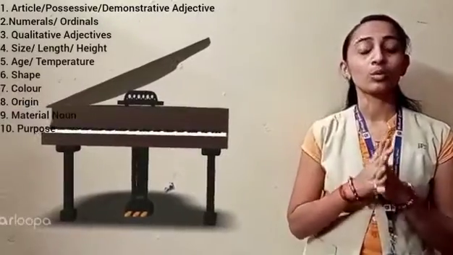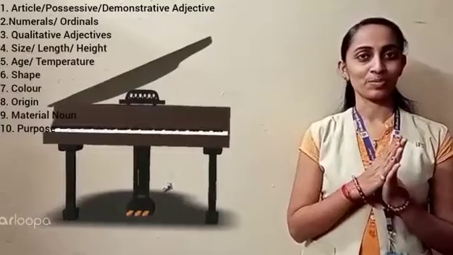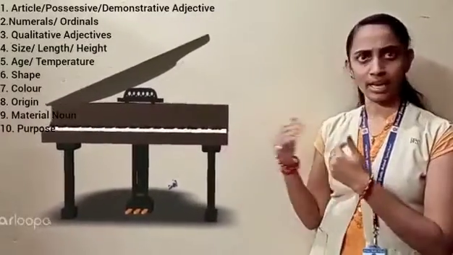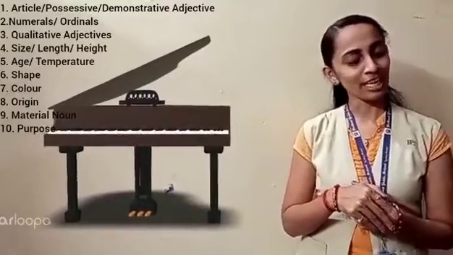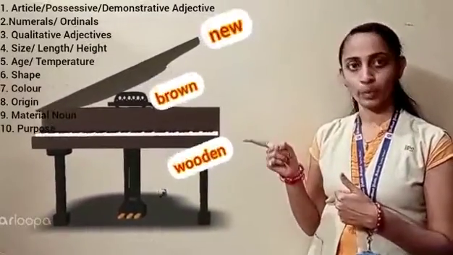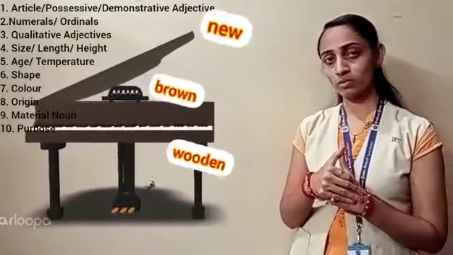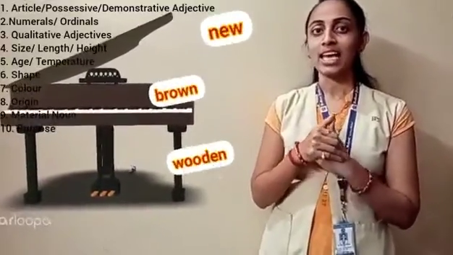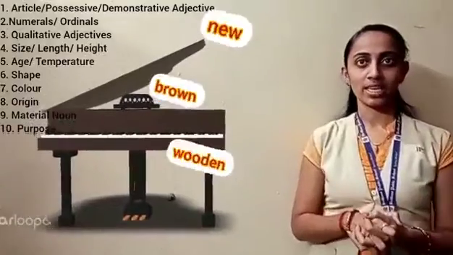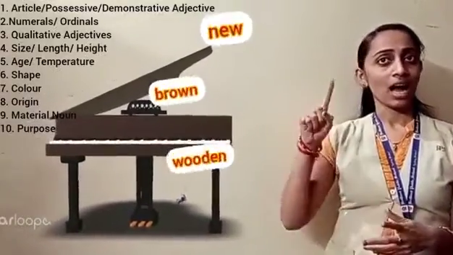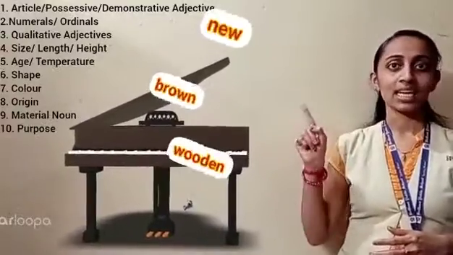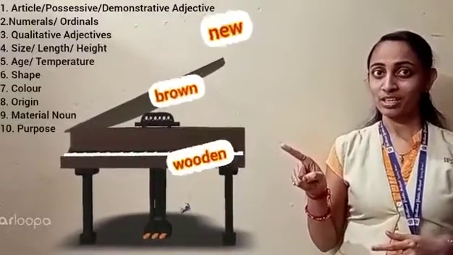This is a cool gift for this Christmas, right? Yes. So now without wasting our time, let us describe this. It's wooden, brown, new, right? And according to our sequence chart, article, numerals, qualitative adjectives, size, age.